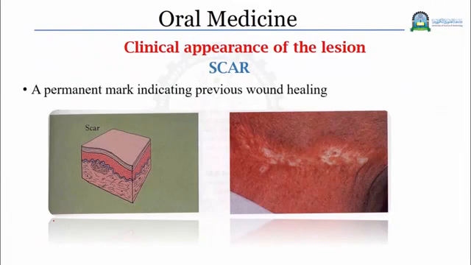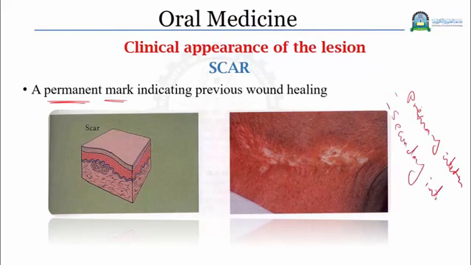Also we have the scar. Some lesions present in the oral cavity as a scar. The scar is a permanent mark indicating previous wound healing. Some wounds heal by formation of a scar. As we stated before, there are two types of healing: healing by primary intention and healing by secondary intention. Usually healing by secondary intention leads to scarring in the tissue.